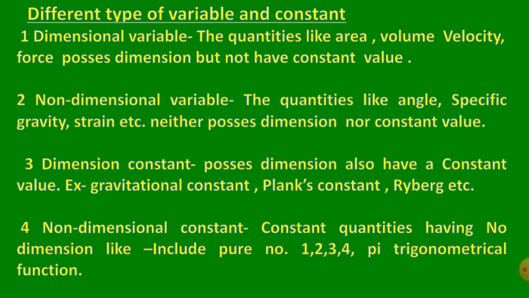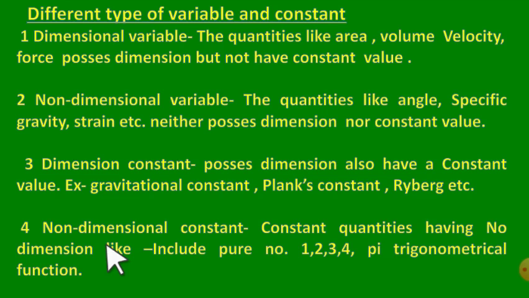So let's divide this as dimensional and non-dimensional. In the case of variable also, dimensional variable and non-dimensional variable. In the case of constant also, dimensional constant and non-dimensional constant. Those constants which don't have any dimension, which don't have any units, we call them non-dimensional.